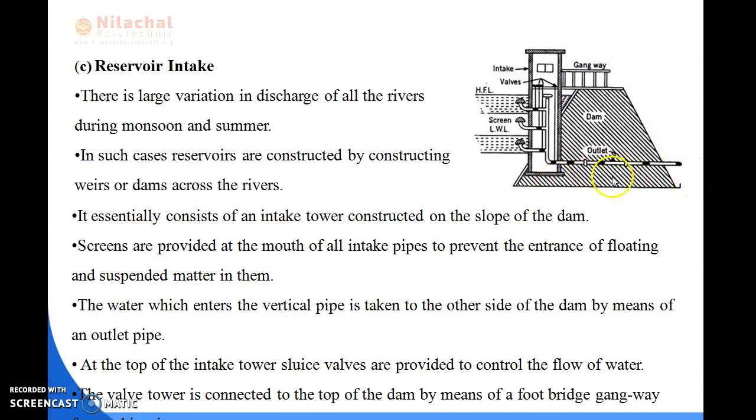At the top of the intake tower, sluice valves have been provided to control the flow of water, and the valve tower is connected to the top of the dam by means of a footbridge gangway for reaching it.